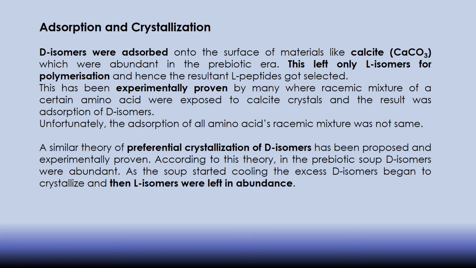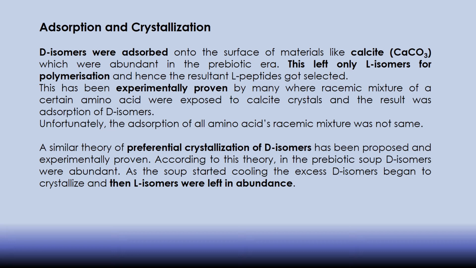This has been experimentally proven by many, where racemic mixtures of a certain amino acid were exposed to calcite crystals, and the result was adsorption of D isomers on the calcite crystals, leaving behind only the L amino acid isomers in the solution. Unfortunately, the adsorption of all amino acids racemic mixture was not the same.